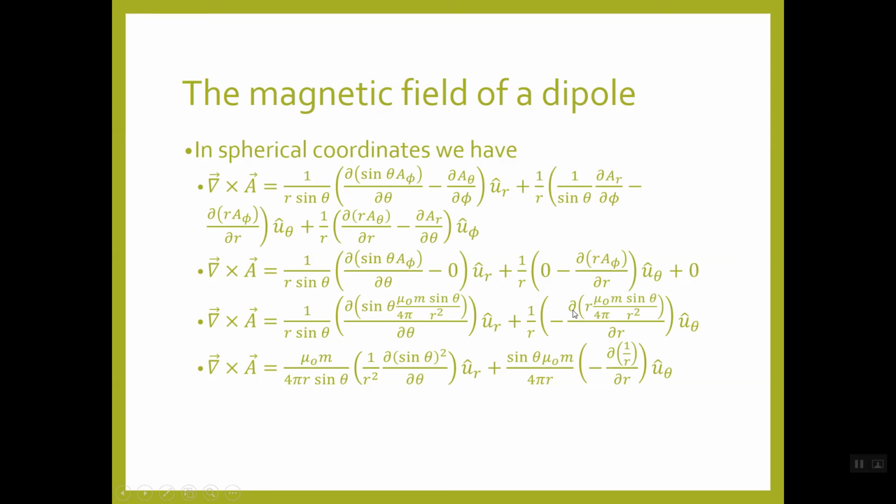Here it's a derivative with respect to r, so I take out everything except for the 1 over r. The r here cancels out with one of the r squareds. I do the derivative, d d theta of sine theta squared, d dr of 1 over r.